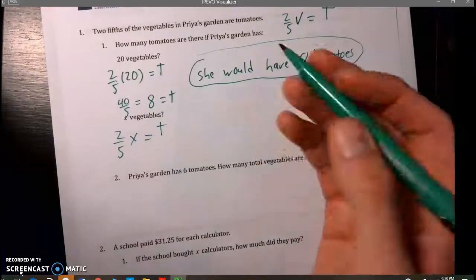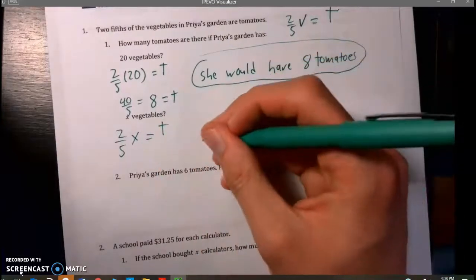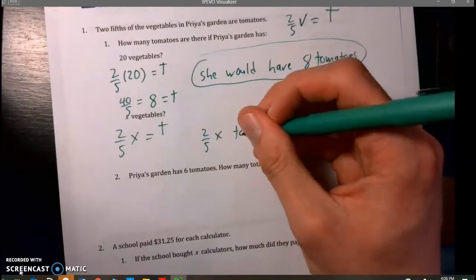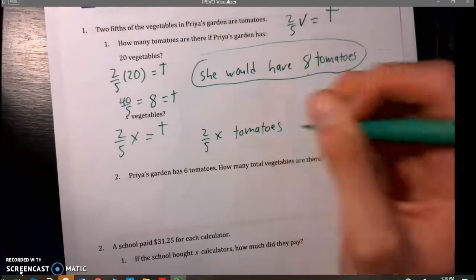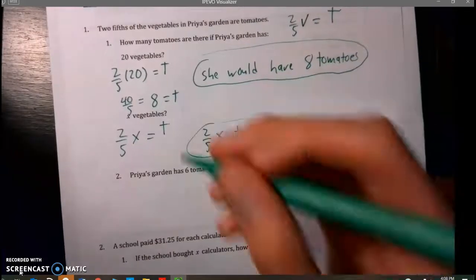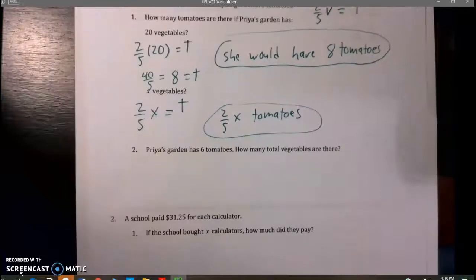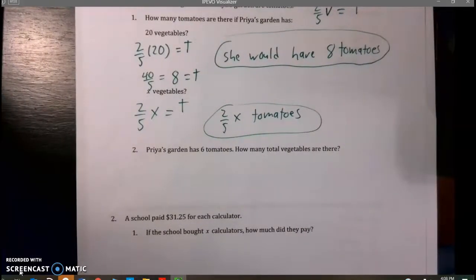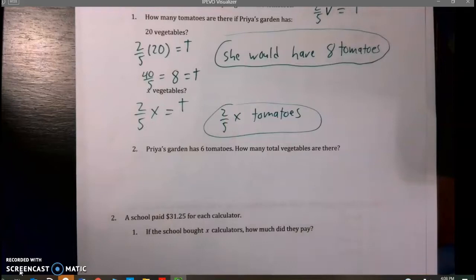So how many tomatoes would she have? 2/5 x tomatoes. Sounds funny, but that's the answer. So if they don't tell you how many vegetables there are, that's all you can get. You know, there was no value to put in there. So that's that.